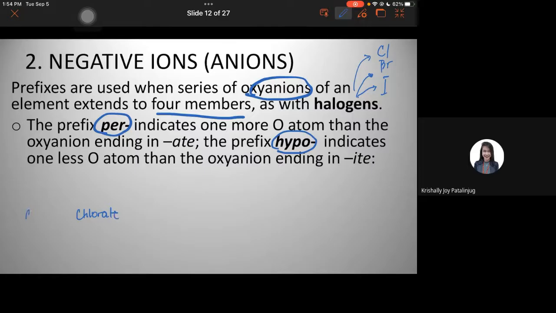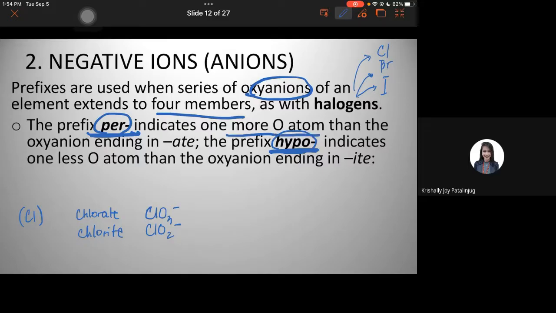Okay, let's go back to the example, chlorate. Diba? This is the common oxyanion of the halogen chlorine. It's chlorate, ClO3 negative. I told you that when it is one less oxygen from chlorate, it becomes chlorite. Okay, this can actually extend to four members of oxyanion. You can use the prefix per and hypo. So when is the prefix per used?